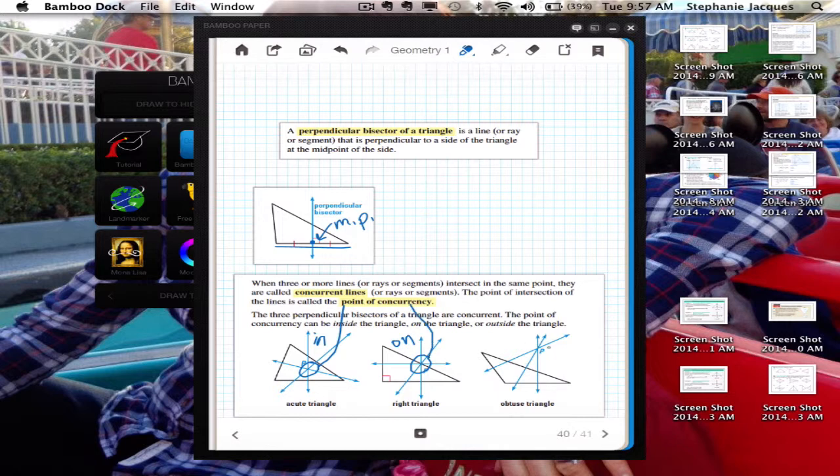And this one, the lines that are going through the triangle are intersecting outside of the triangle, but they're still considered concurrent lines with that triangle. And this is our point of concurrency.